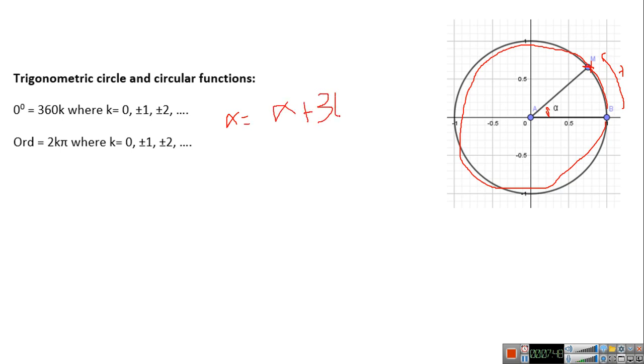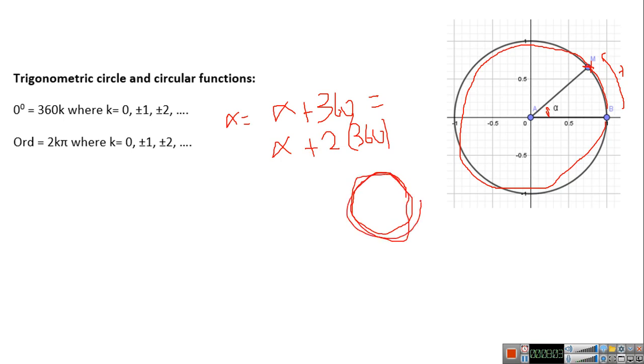One can tell me, okay, I want to do two rotations, then going to alpha.